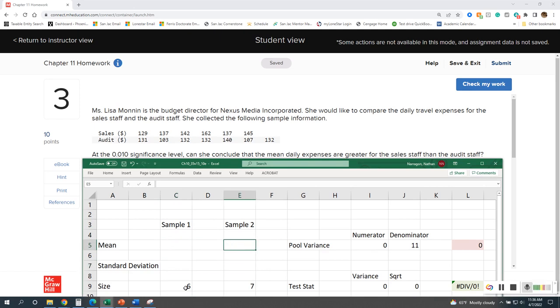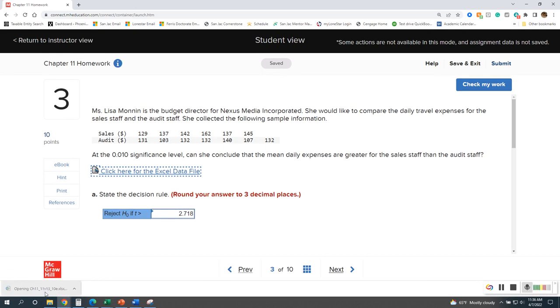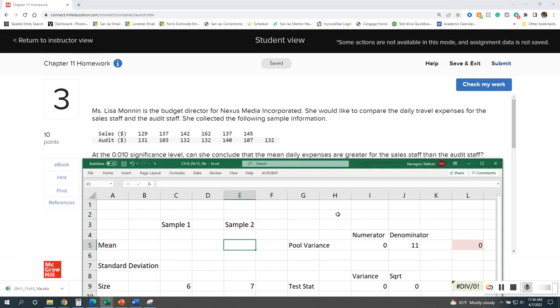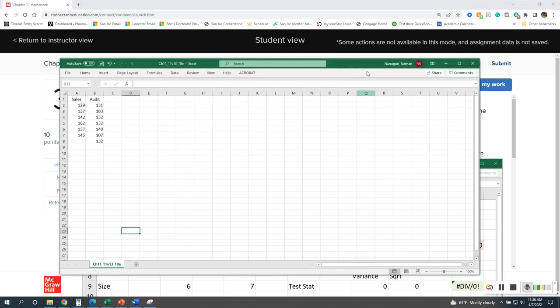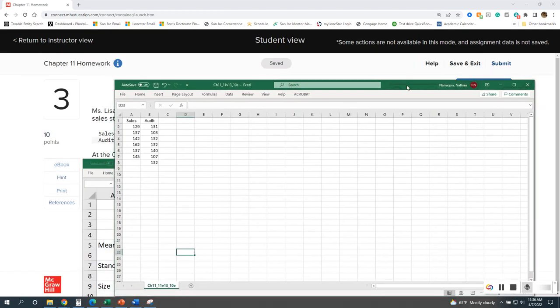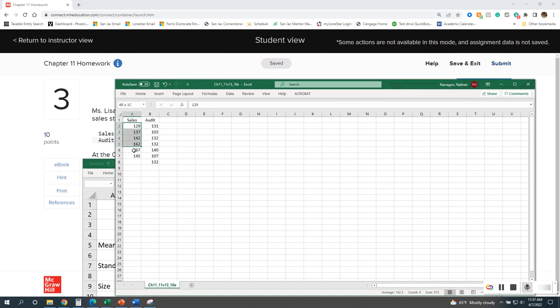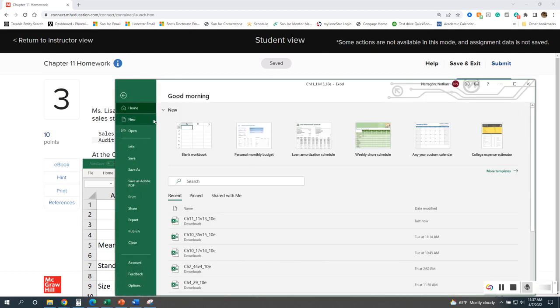Alright, so we're going to pop up that Excel. Click to download. Okay, enable editing. We're going to quickly find the mean of each one.